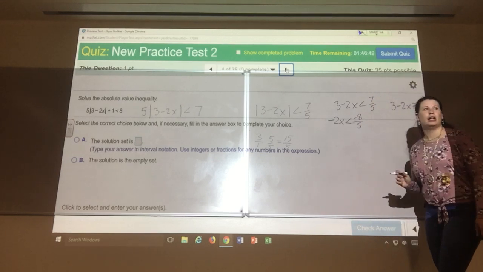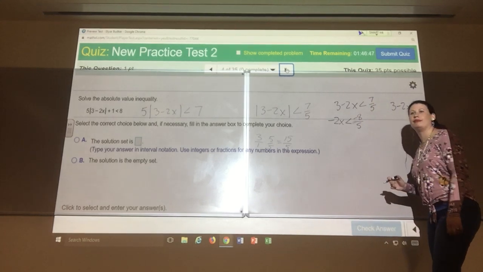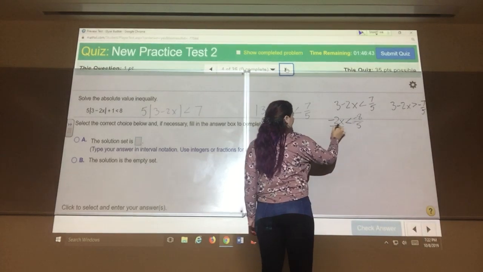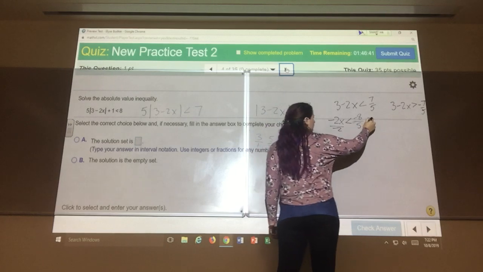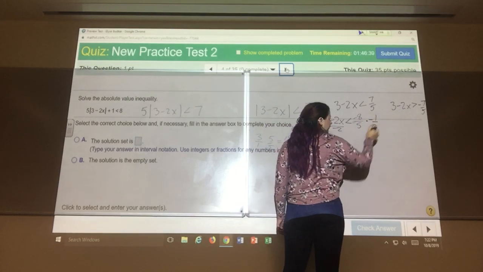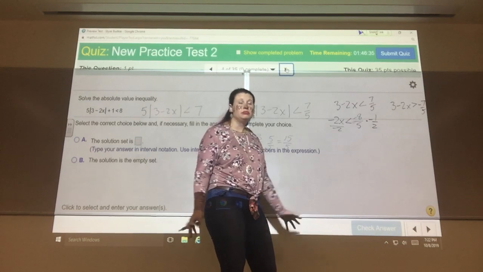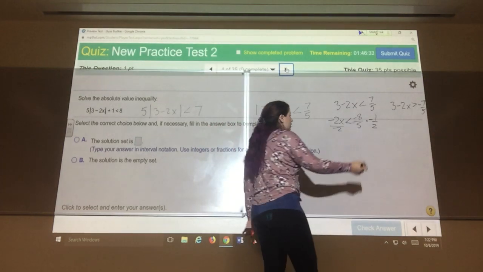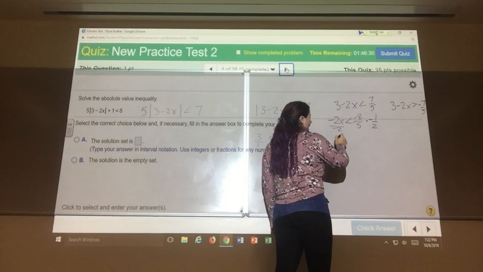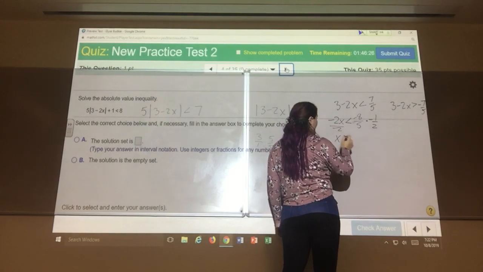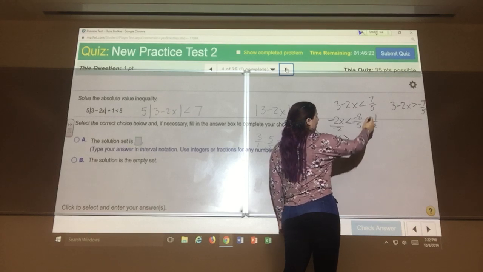Okay. Now what? Divide by -2. Okay, so when we divide by -2, that's like multiplying by -1/2, right? Because it's weird to divide a fraction. So that means we have x greater than, because it's a negative, so we gotta flip.